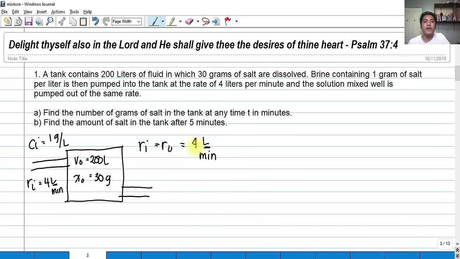Now, as you can see here, c sub o is not given. So how do you find that c sub o? As I've said a while ago, c sub o is usually x over the final volume. We keep x because that is the parameter that is changing, and it is what we are going to find later on, because that's the amount of salt.